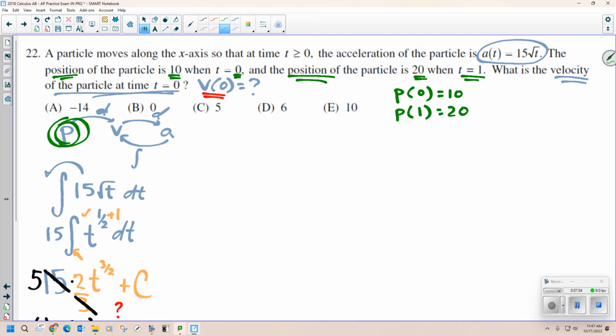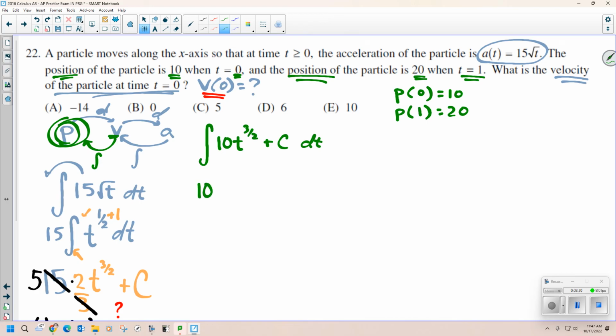So again, I have velocity. I've got to integrate velocity to get position. So let's integrate. We have 10t to the 3/2 plus some constant dt. 10, again, I'm going to bring that on the outside.